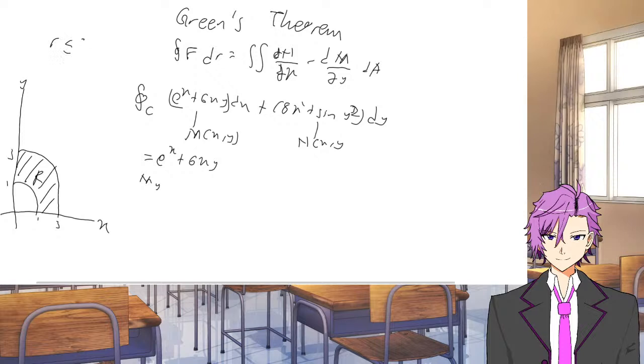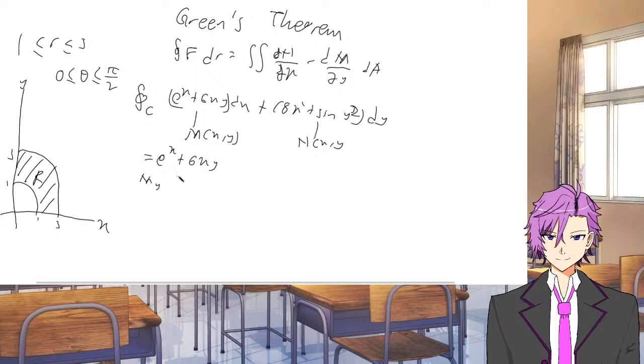So r is between 1 and 3, and then this region is actually around the first quadrant. So theta is from 0 to pi over 2. Pi over 2 is 90 degrees. Since pi is 180, 2 pi is 360, 2 pi is actually a full circle.